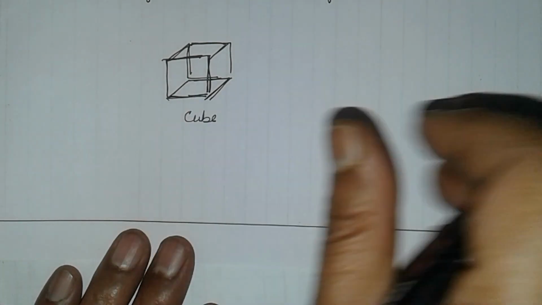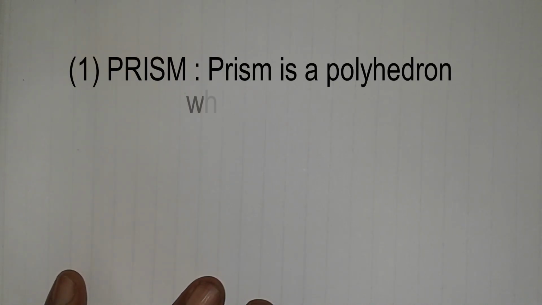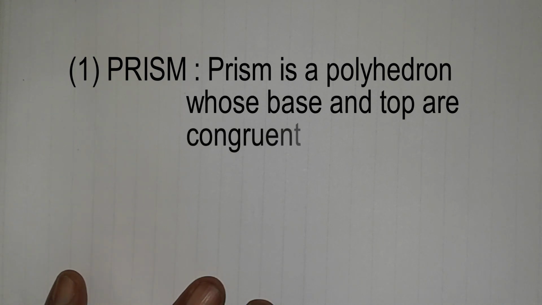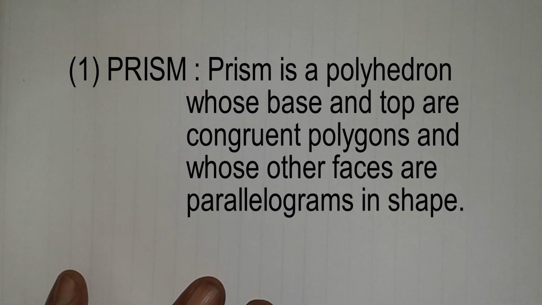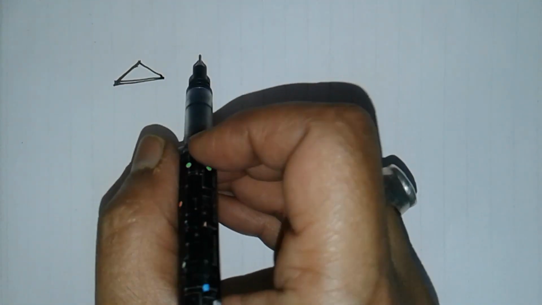Now we will take some special polyhedrons, and the first here is the prism. A prism is a polyhedron whose base and top are congruent polygons and whose other faces are parallelograms in shape. For example, if we take a triangle as a base, suppose I make one triangle here.